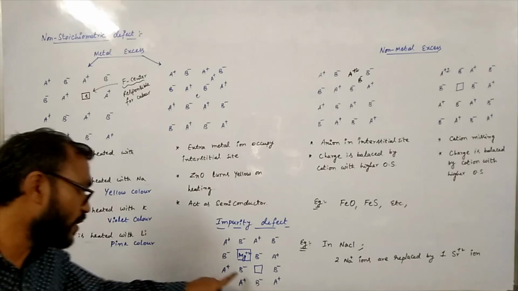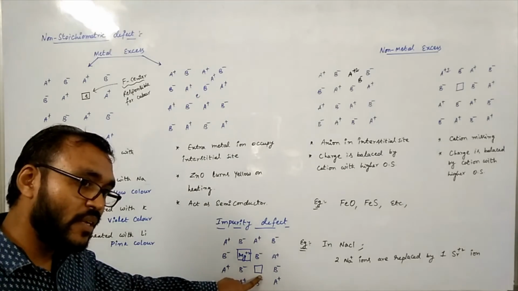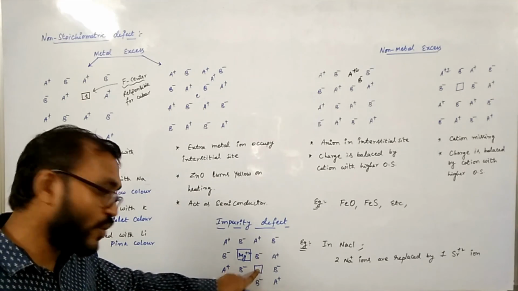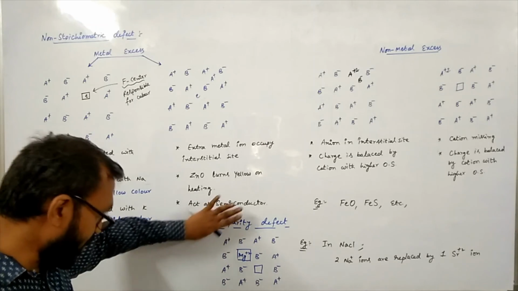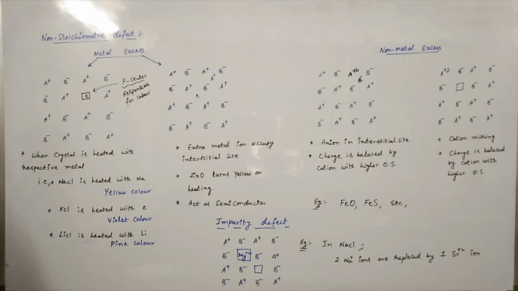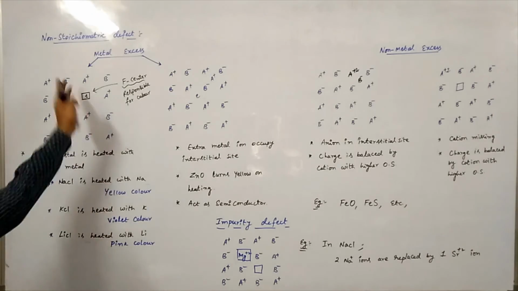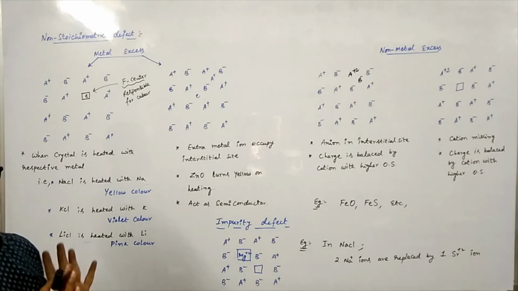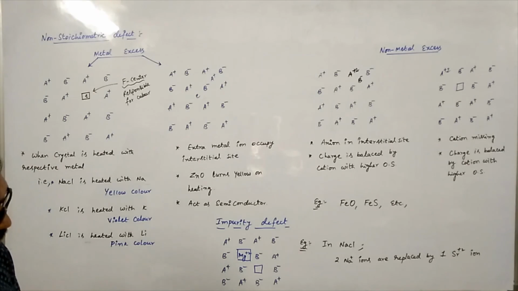Because of this impurity defect, a hole is generated. Because of this generated hole, it shows electrical conductance. If it is a perfect ionic crystal, perfect ionic solids are bad conductors of heat and electricity. But due to the presence of defects, they are good conductors, or they become semiconductors, right?